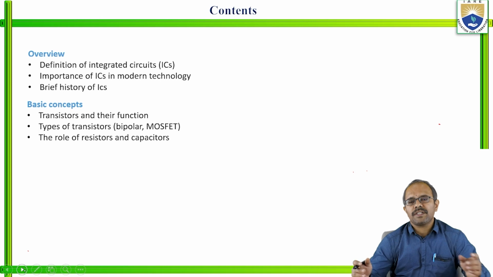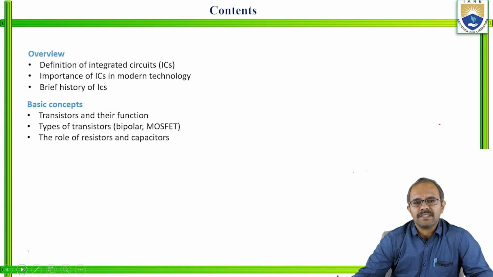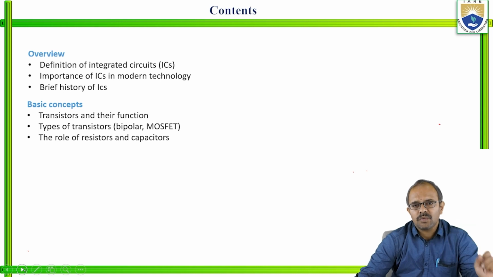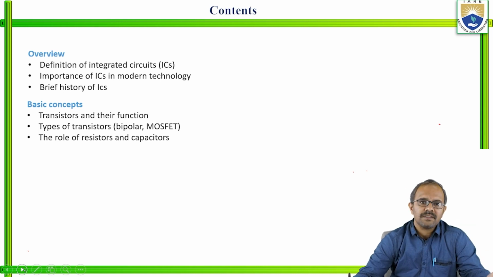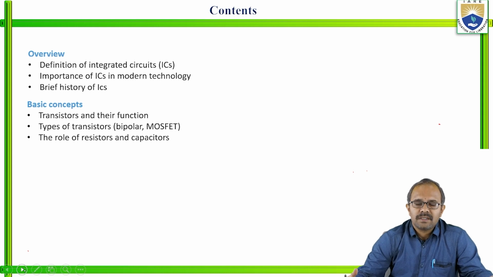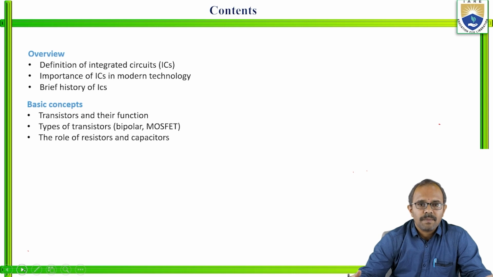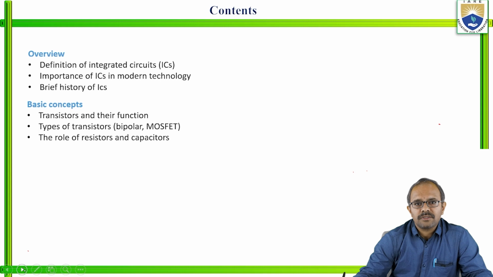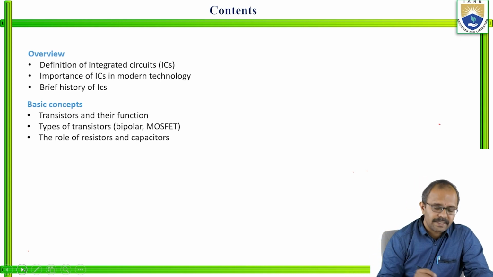If you want to determine the characteristics of the diode, what is required here? Is it enough to have a single diode? No, we need the resistor, because you are going to pass some supply, right? So what is the role of the capacitor and resistor in the design of your integrated circuit? We are going to quickly recap all these basic things.